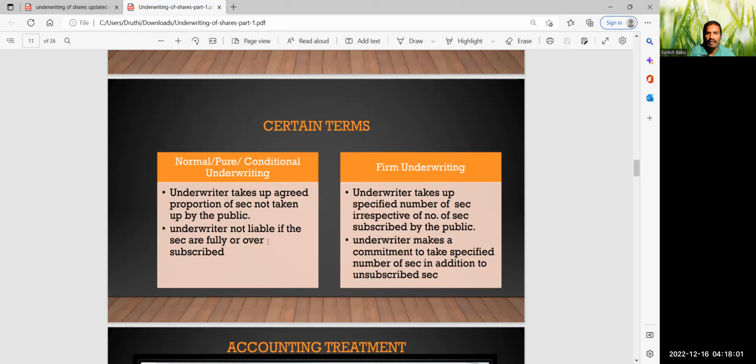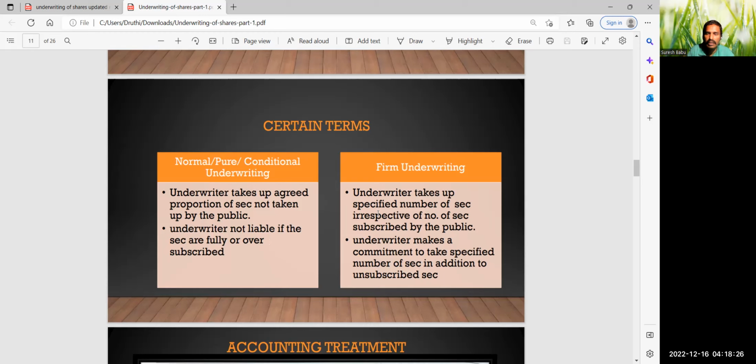That is pure. Now, firm underwriting: the underwriter takes a specified number of securities irrespective of the number of securities subscribed by the public. Irrespective means whether it is over subscription or under subscription. So apart from the normal underwriting, there is firm.